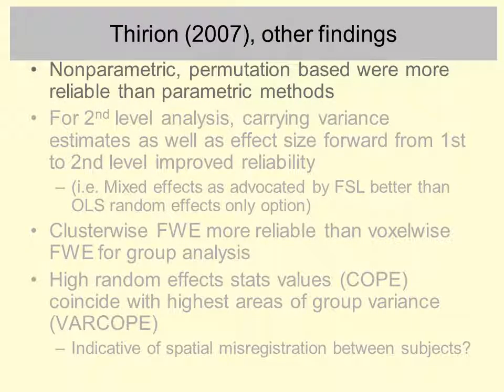Thirion also found that the non-parametric permutation-based methods were more reliable than their parametric, more commonly used versions.